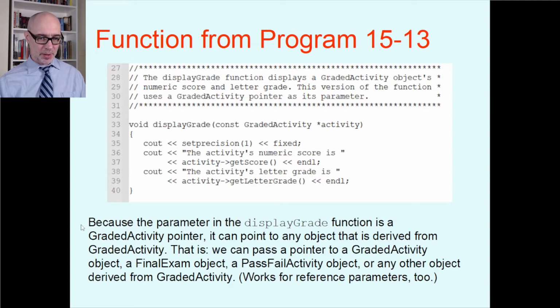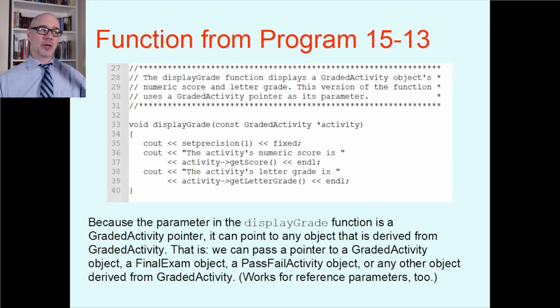Now, the interesting thing is that because the parameter to this function is a graded activity pointer, you can pass in a pointer to any of the objects in the entire class hierarchy. You can pass in a pointer to a graded activity object, obviously. You can pass in a pointer to a final exam object. You can pass in a pointer to a pass-fail activity object. You can pass in a pointer to a pass-fail exam object.